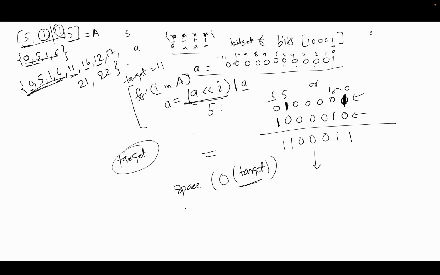So you are keeping a bit set of possible target, and time, you can say it's order of n, the number of elements, times target. But yeah, it should be much faster since we will take advantage of implementation of the hardware. We are doing some bit operations. So we will implement both of these in the code now.